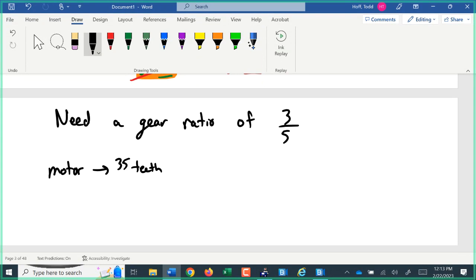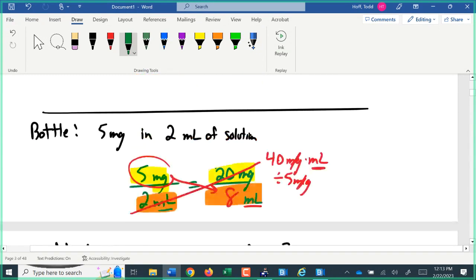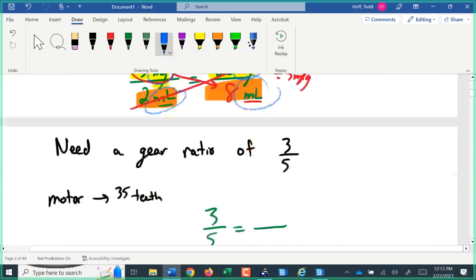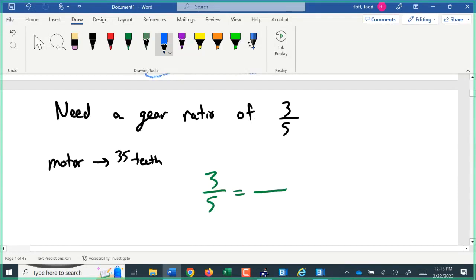We need to know what size gear we have to have on the other side of that. So we need a 3 to 5 gear ratio. Now this is ratios, not rates. With the rates, we had units that had to match up. We had to have milligrams to milligrams and milliliters to milliliters. Ratios don't have any units in them.